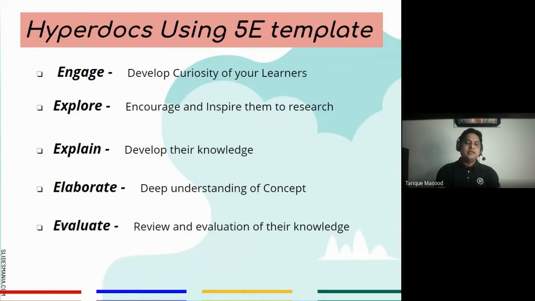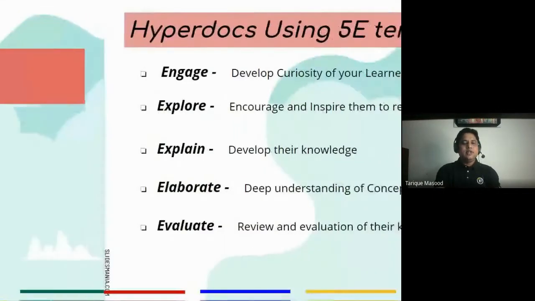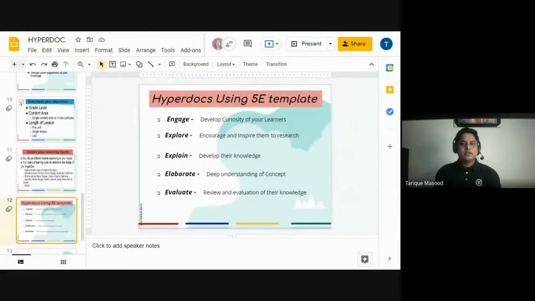And finally, evaluation of all the content that you have given to your learners using Google Forms or various other tools. So let's quickly dive into today's 5E template and know more about it. Just give me a second.